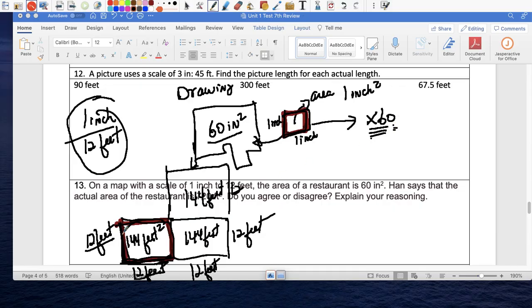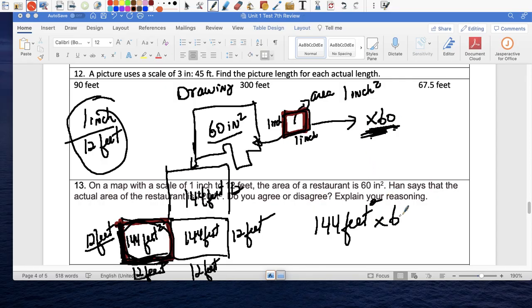The restaurant is made up of 60 squares in real life that measure 12 feet by 12 feet. One of these is 144 square feet, but how many of them do we have?